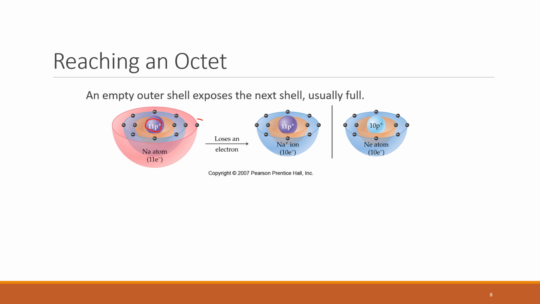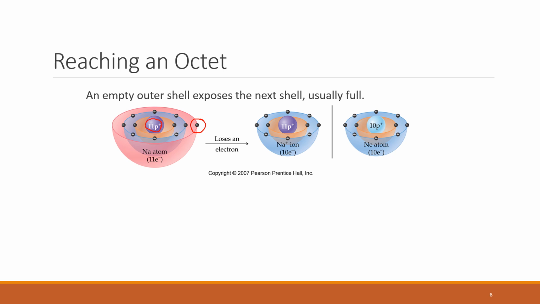And you'll notice that sodium only has 1 valence electron in that outermost shell. So how does sodium go about reaching an octet? It has 2 choices. It's either going to lose that 1 electron, or it's going to have to gain 7 more to reach a full octet.